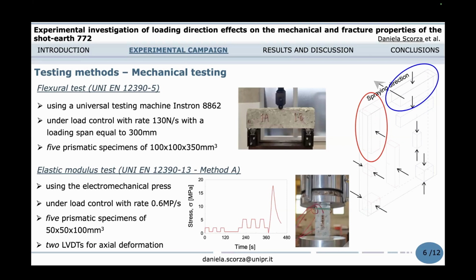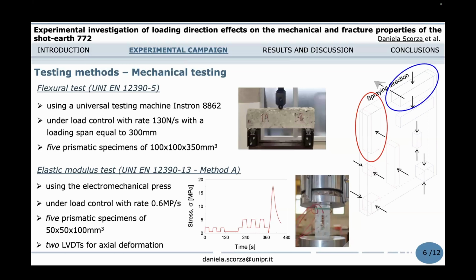The elastic modulus tests are carried out according to the UNI EN 12390 standard part 13, following method A, in order to determine both the initial elastic modulus and the stabilized one.